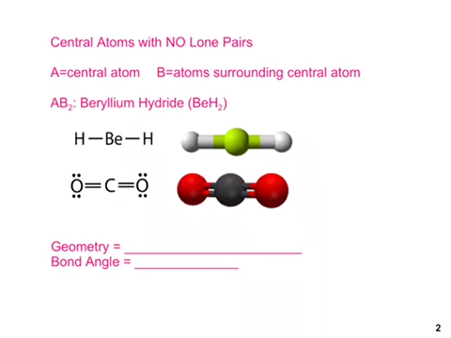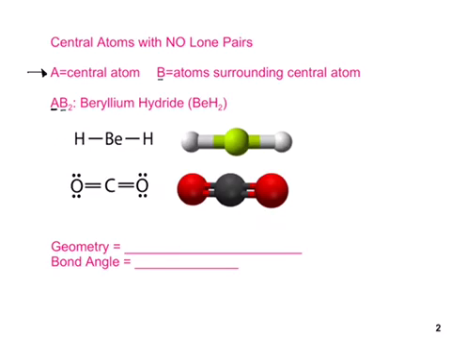So what we're going to do is take a look at a few possible geometries. And so when we do that, we're using this general form, and we're using A's and B's. So A will indicate your central atom, and B indicates the atoms surrounding that central atom.